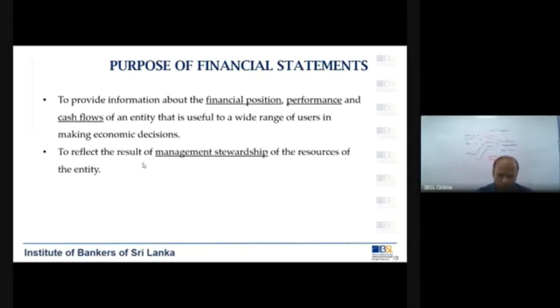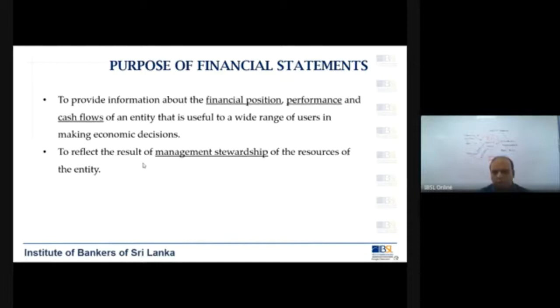Now here the term management stewardship means how the company is being managed. Now there is a board of directors, there is a corporate management. So how these people are managing their business, we call that corporate governance, because governance has become very, very important for organizations in today's context.